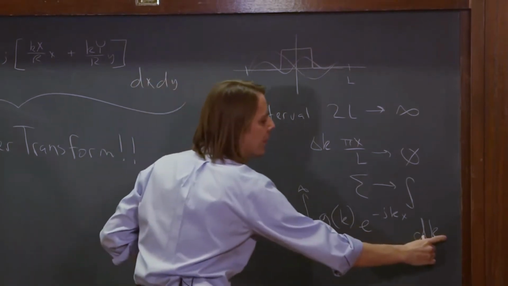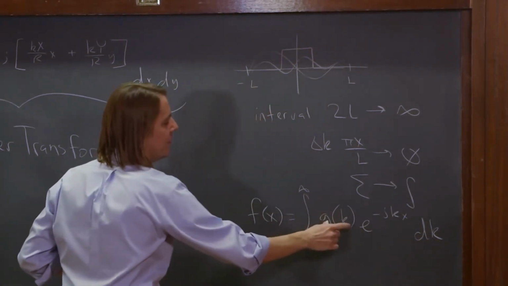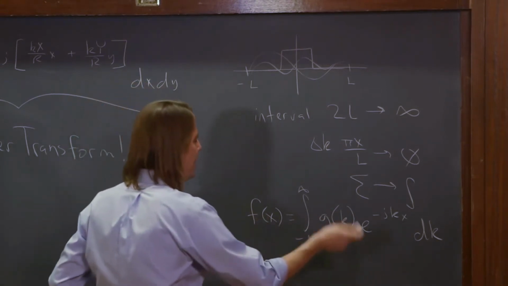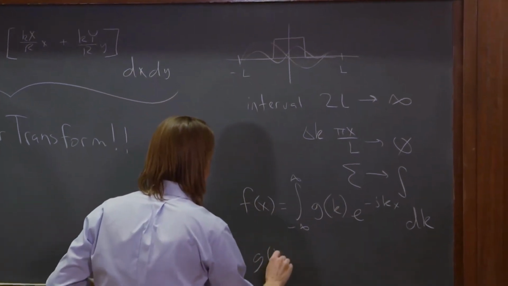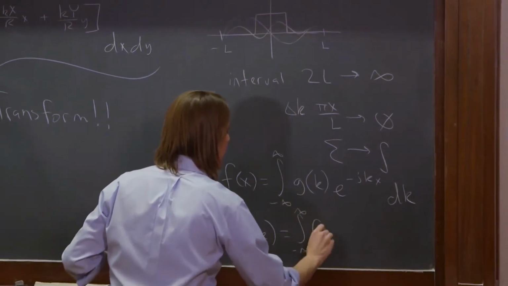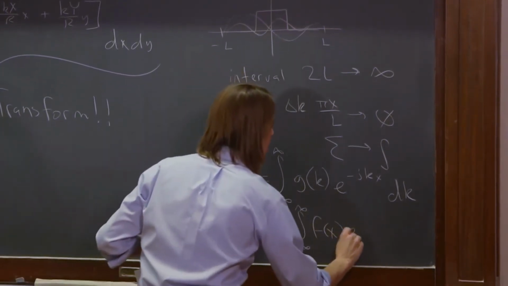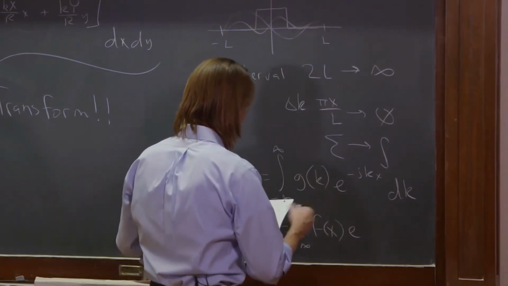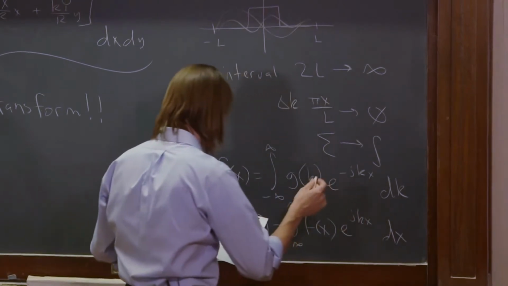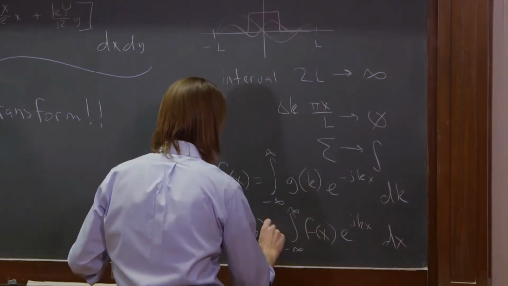Right? So you integrate over spatial frequencies, the spatial spectrum of this function. And then you can also go back. G of k is the integral from minus infinity to infinity of f of x, e to the jkx positive dx, and you need a 1 over 2 pi to make it all work out.